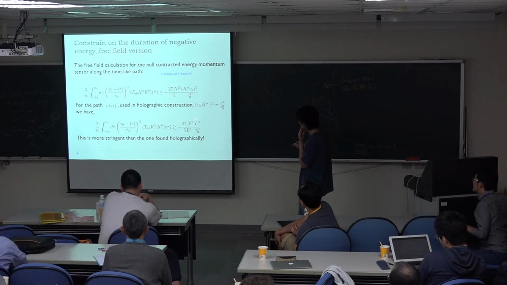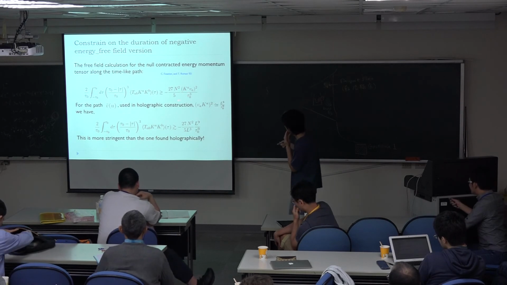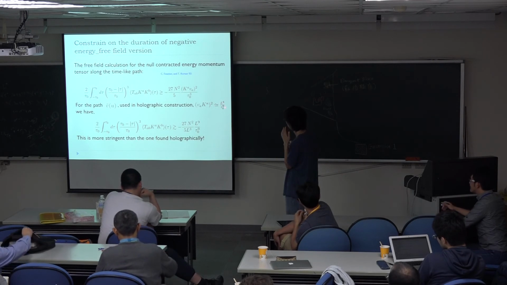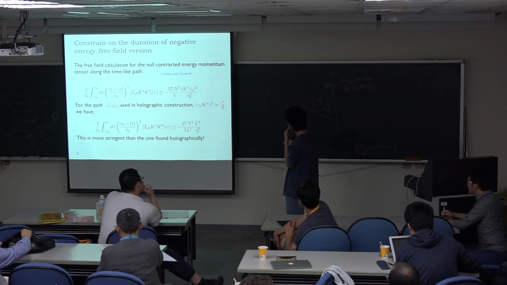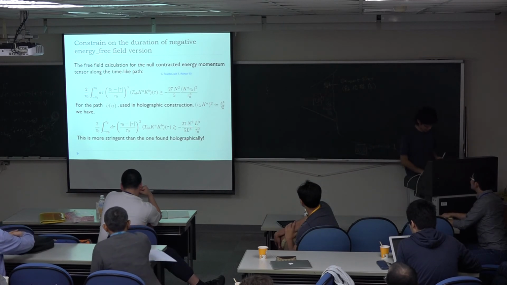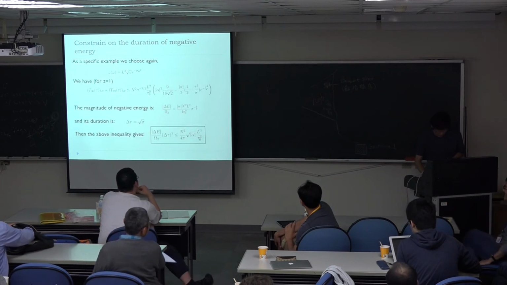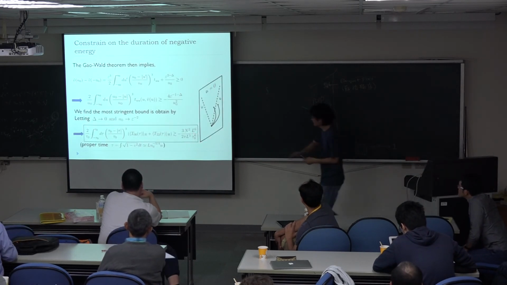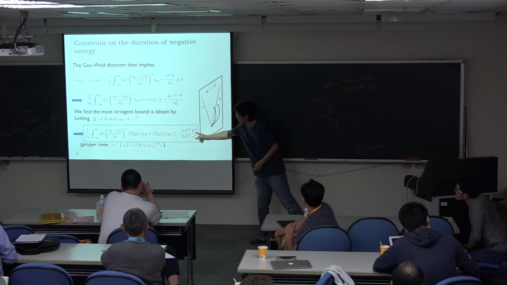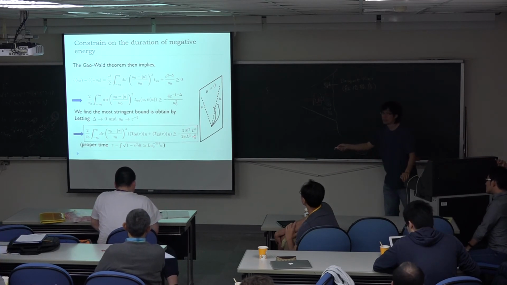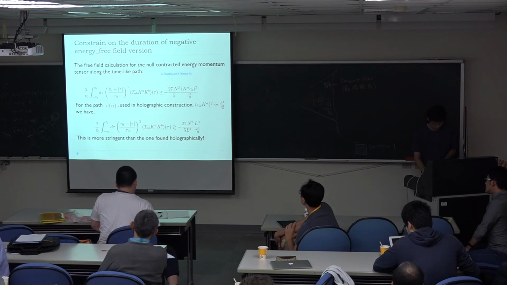If you change this velocity using the parameters we used before, the length of the path and the proper time duration for the path, then you get this constraint. Very similar to our previous one, just the power is different. Because this number needs to be smaller than 1, holographically you get a larger number here. So that means the negative energy could be larger.